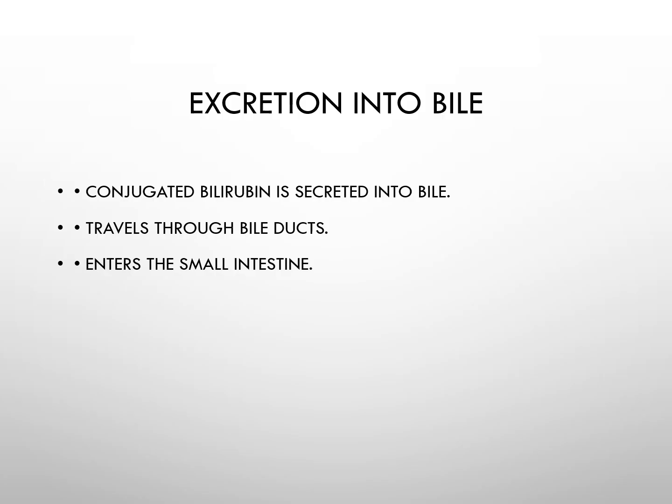In the bile duct, the conjugated bilirubin forms part of bile, and bile comprises salt, cholesterol, water, and other waste materials. This bile is transported into the small intestine, where the final transformation is done, which gives it its characteristic color.